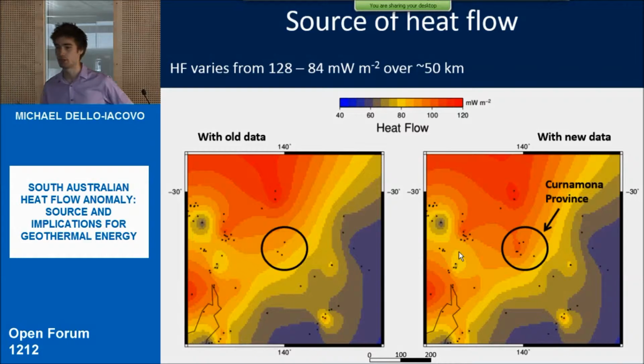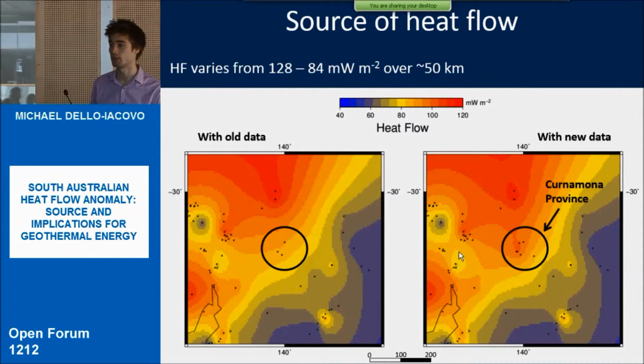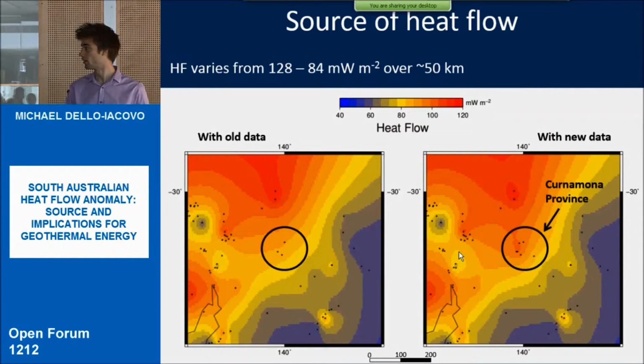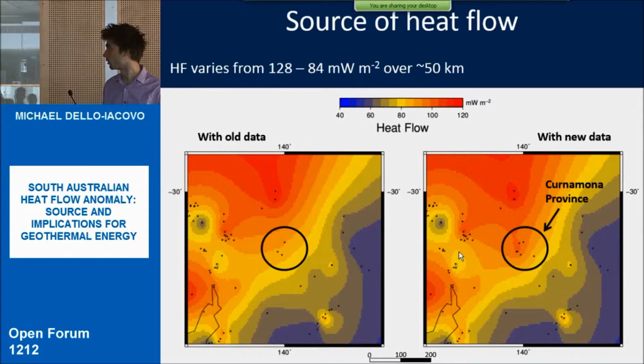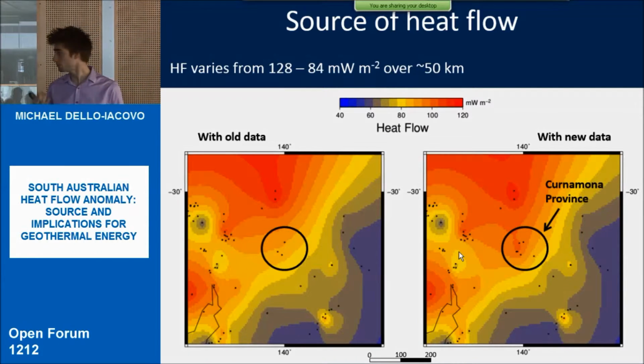In 2008, Reader proposed that the depth of a heat source can be determined by the lateral rate at which the heat flow changes. If heat flow is changing rapidly over a lateral distance, that indicates a shallow source. If it's changing slowly over a much greater distance, that indicates a much deeper source.